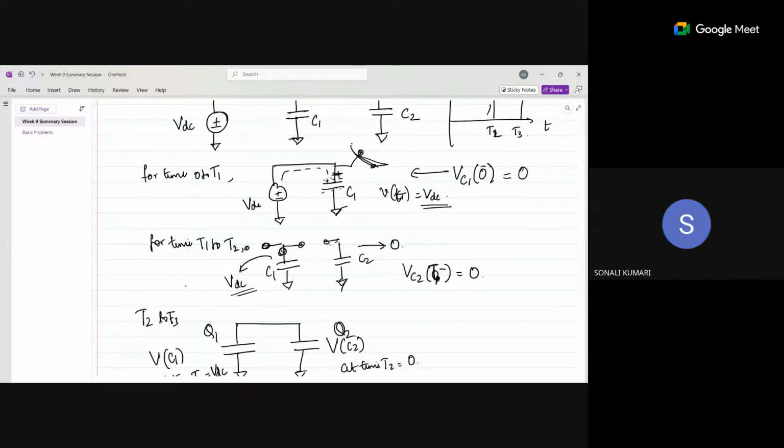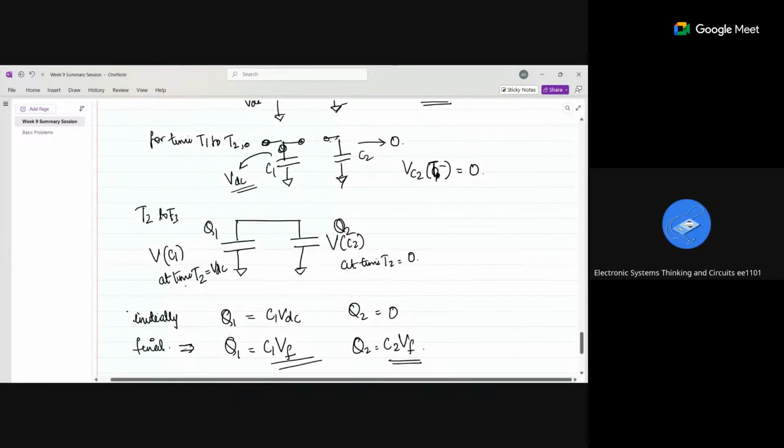Now T2 to T3. The voltage across the capacitance C1 is still VDC, right? At T2, that is initially. Now T2 is the initial condition, right? Voltage across C1 at T2 is again VDC, whereas here at time T2 it is 0, right?